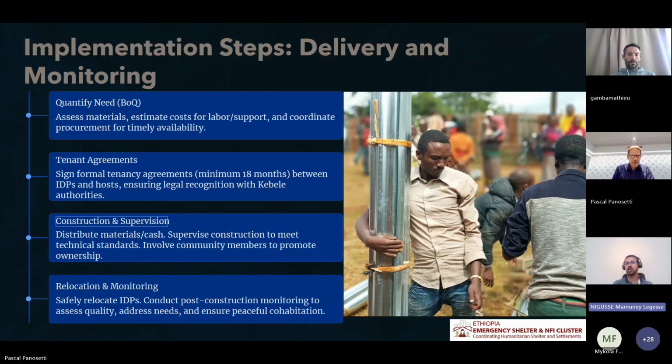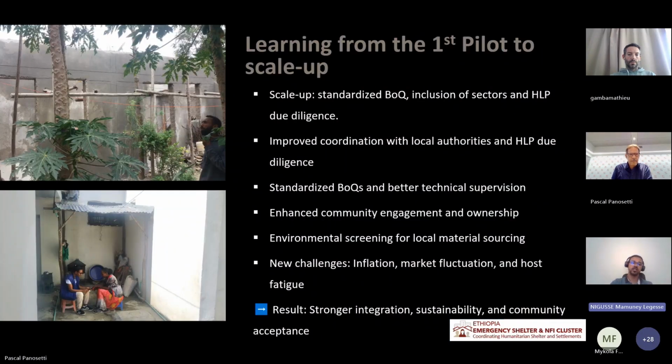There is an intention survey to understand the intentions of the IDPs, whether they are willing to be hosted in that household, and whether the hosting families are also willing to host IDPs if this support is provided. This, including the beneficiary selection related to age and disability inclusion, together with HLP due diligence, is implemented at the planning and selection stage.